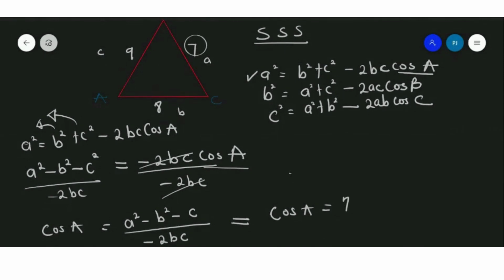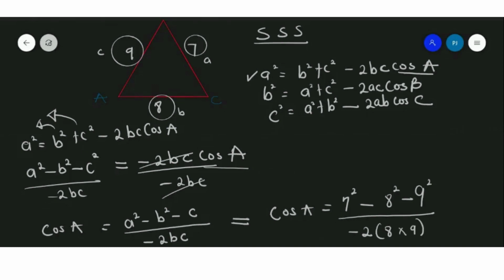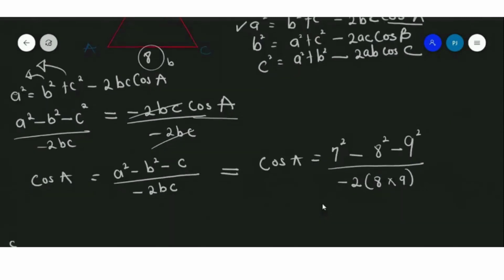So it's 7 squared minus my B, which is 8 squared, minus my C, which is 9 squared, divided by minus 2 times what is my B again? 8, times what is my C? 9. So this is exactly what we're dealing with.